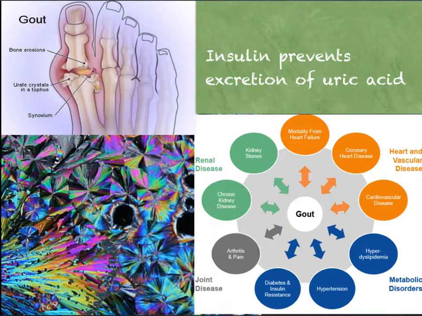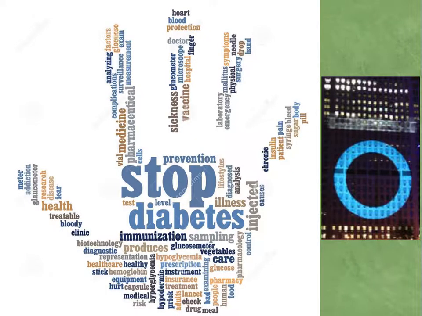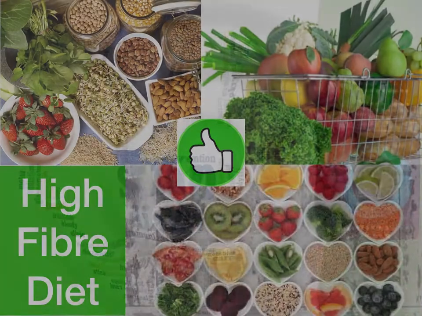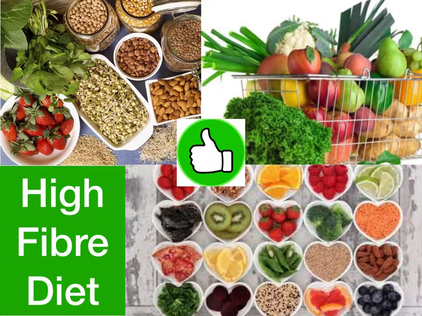So if we want to stop all these things, including diabetes, especially type 2 diabetes, you can guess what we should do. A high fiber diet. This is the answer. A balanced diet, especially a high fiber diet, is our way to have normal carbohydrate metabolism.